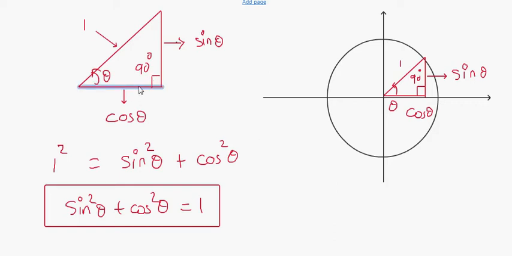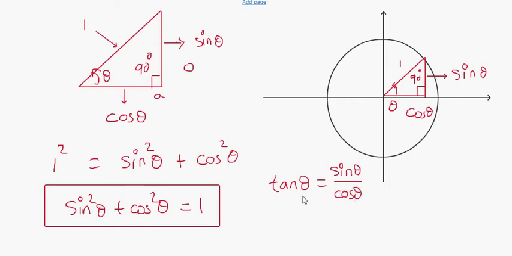We know from this right-angled triangle tan theta is the opposite side, which is O, divided by the adjacent side A. In this case, the opposite side is sin theta and the adjacent side is cos theta.